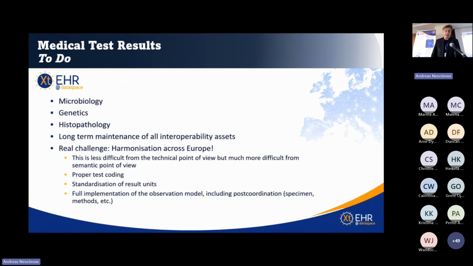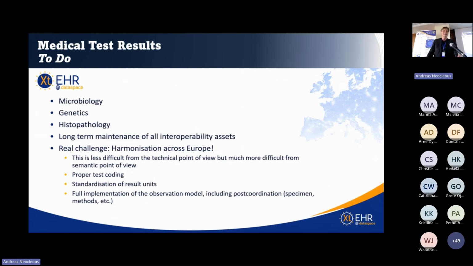So that's why we need to work on it. Histopathology is the third example of a lab area which is not yet fully covered by the specification, except for free-form text reporting, of course. That could fit in our current IG without any problem, but that's not what we want from a long-term point of view.